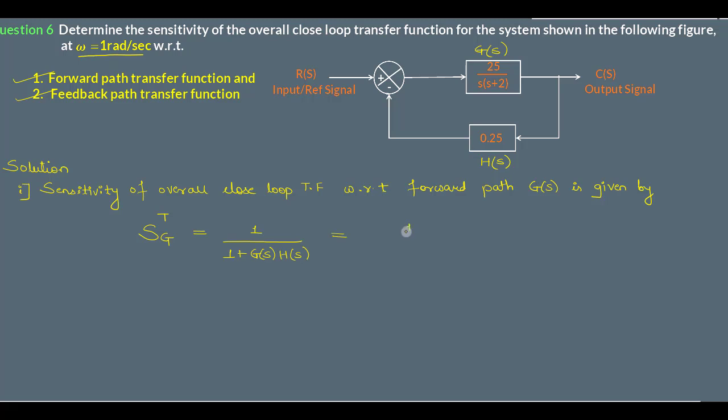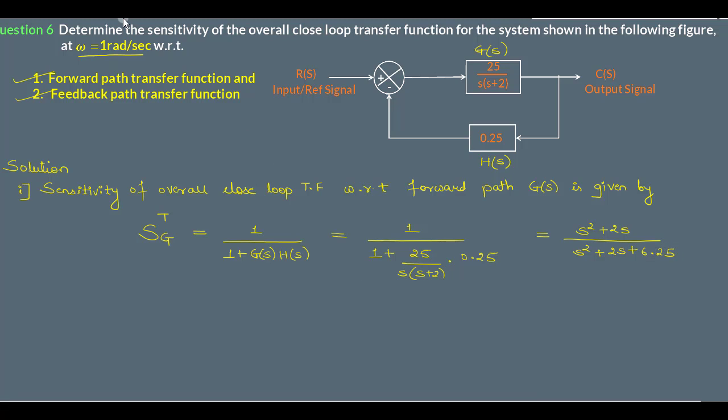We have the values: 1 upon 1 plus 25 upon s into (s plus 2) into 0.25. Now if you solve this, you will get the answer as (s square plus 2s) upon (s square plus 2s plus 6.25).